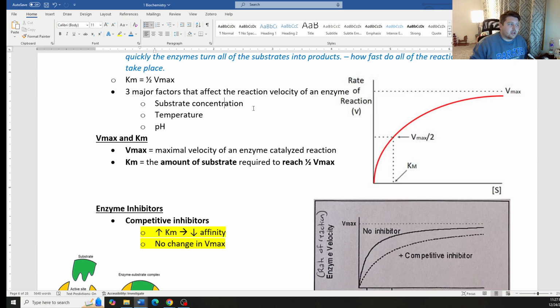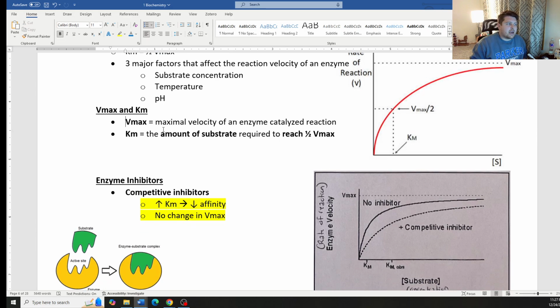Increasing substrate concentration often has a positive effect on the Vmax. And pH depends on the enzyme. Some enzymes work much better in low pH, like, for example, the enzymes of the stomach. They thrive in that very low acidic pH. Or others can do much better in a more basic environment, so a high pH. So this is enzyme dependent.